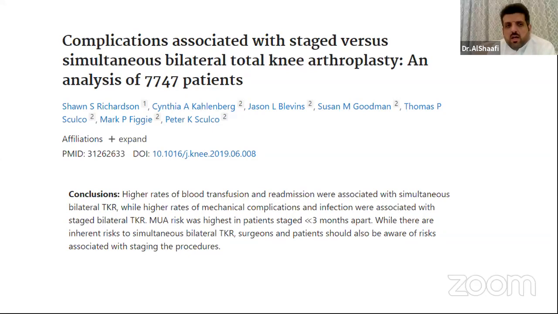Another study looked at the complications associated with staged versus simultaneous bilateral total knee replacement. They analyzed more than 7,000 patients and found that simultaneous total knee replacement has a higher rate of blood transfusion and readmission, while a higher rate of mechanical complication and infection is associated with the staged bilateral knee replacement.